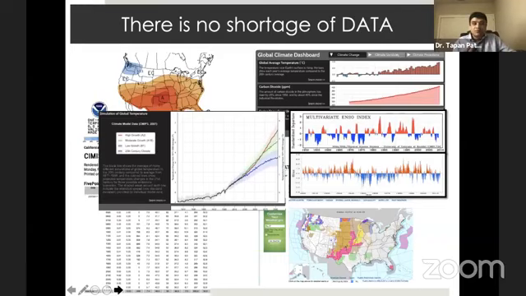For example, we have a lot of places where you can get historical data. There are a lot of places where you can get even daily scale, downscaled climate projections data. You also have climate forecasts for the next 8 to 14 days, or even a seasonal forecast. You also have large scale teleconnection patterns. So in terms of raw data, there is no limit to that. There is already enough data out there.